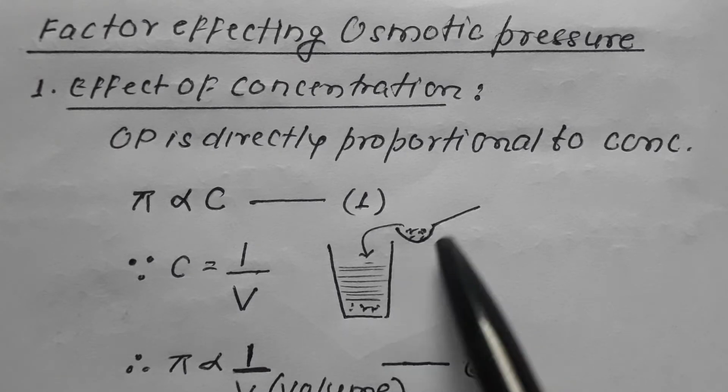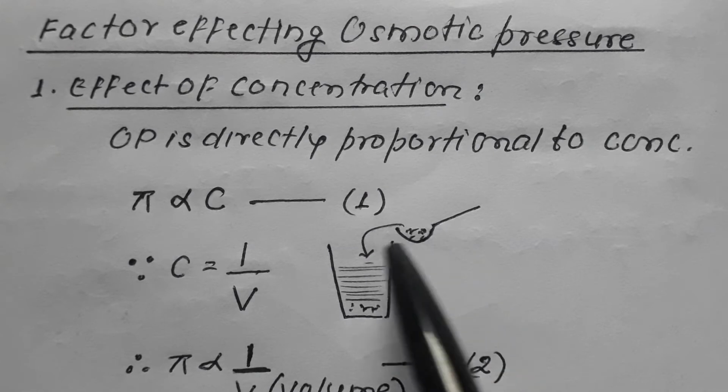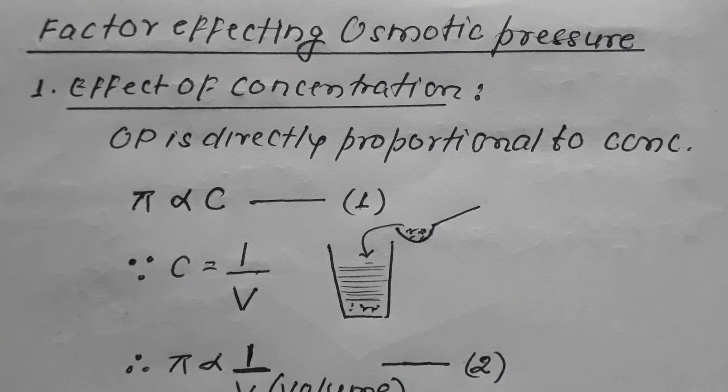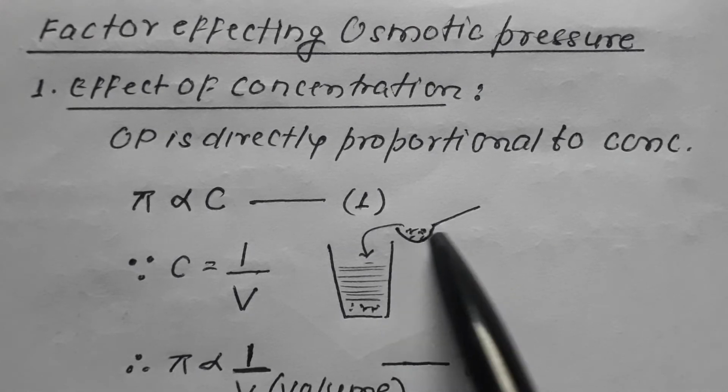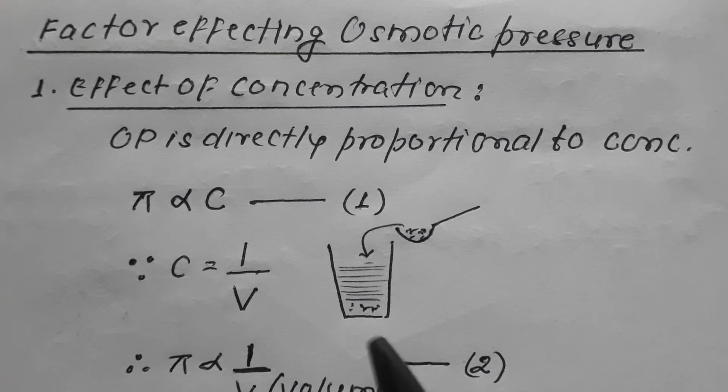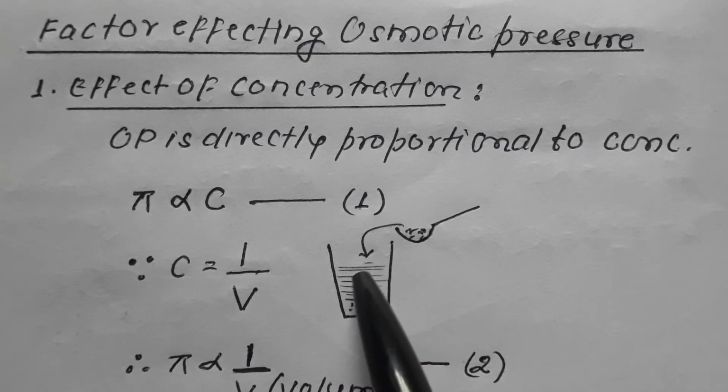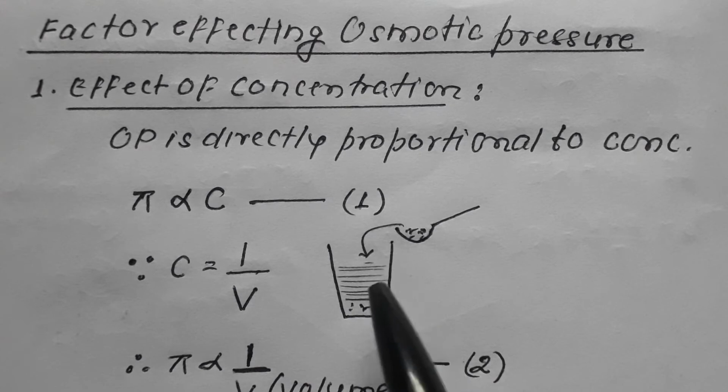Suppose I take one tablespoon of salt, into which I add one tablespoon of water, then one more tablespoon of water, and keep increasing the volume of the solution, keeping the amount of salt the same.